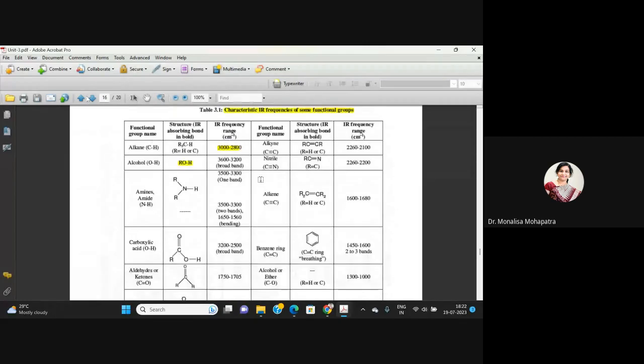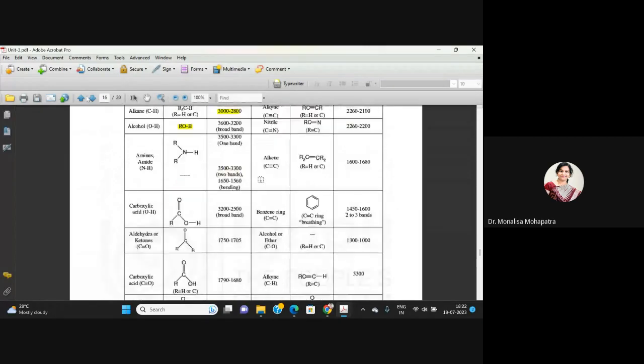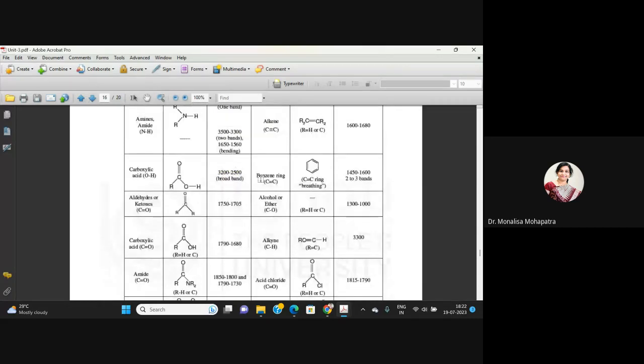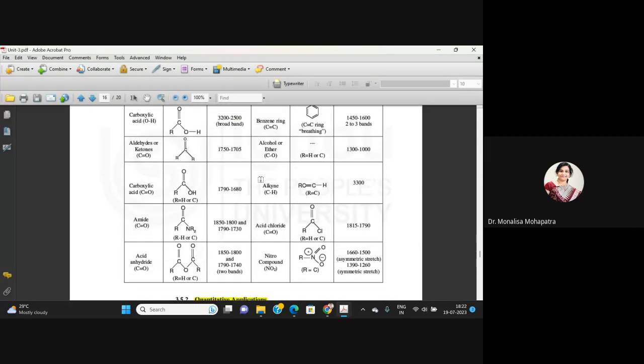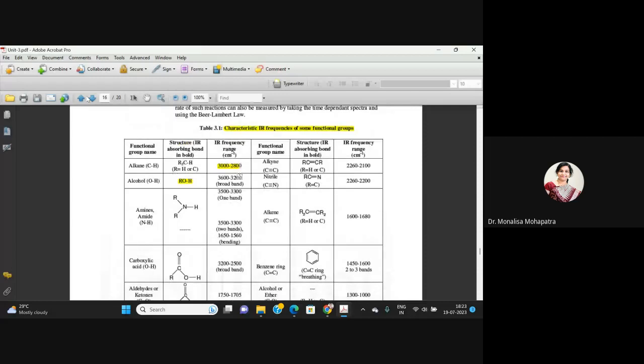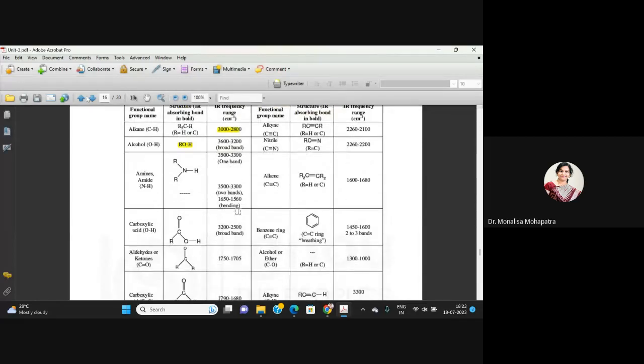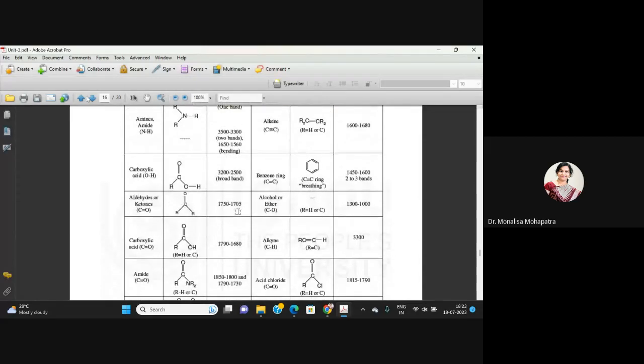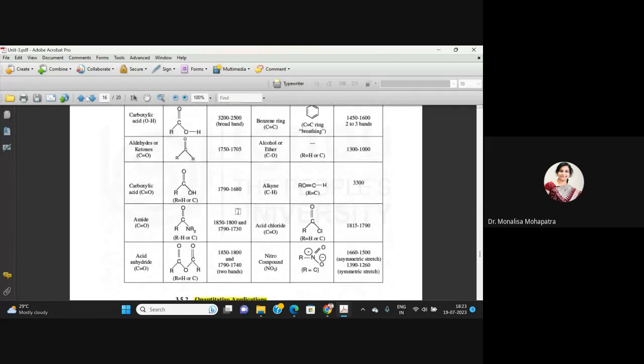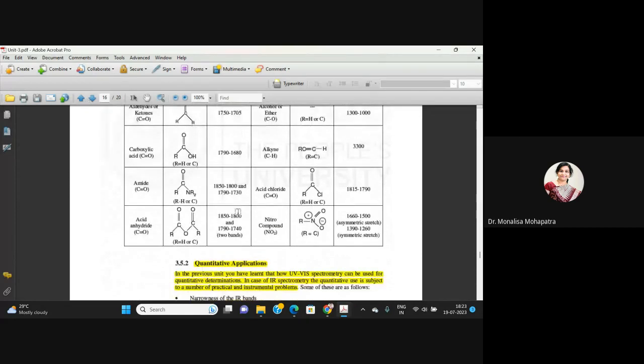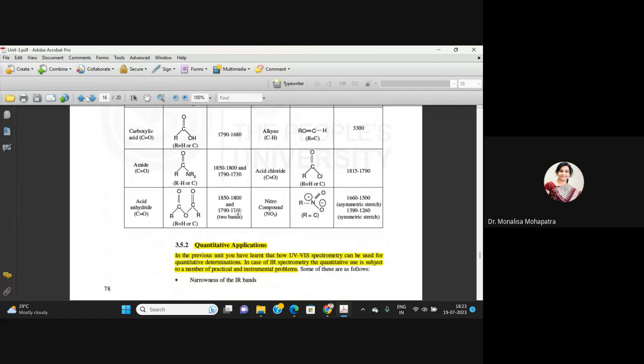This is a chart for you, and you can study, so you can do the structural elucidation by using this chart. Okay, these spectroscopic wave numbers, these frequencies you must remember in order to do it, so that you can predict whether the molecule is the right one or the wrong one, or some impurity has been added to it.